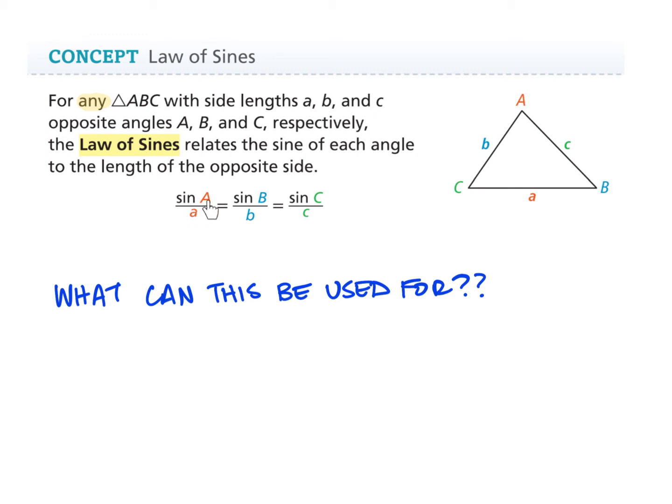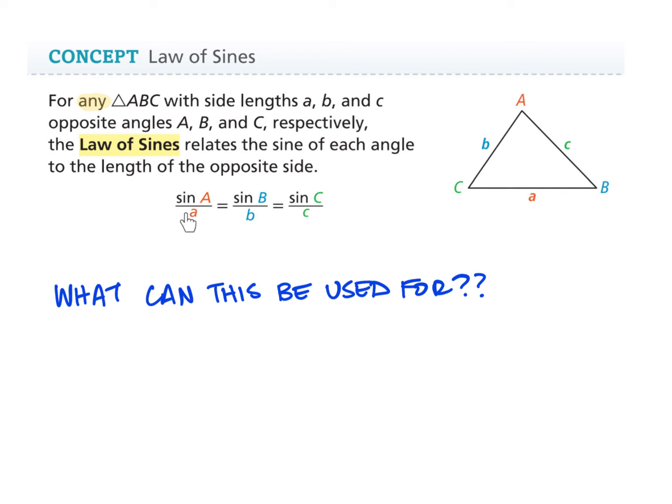So on the bottom of sine A is A, on the bottom of sine B is B, and on the bottom of sine C is C. So again, keep in mind that capital A, B, and C are the angle measures here. These lowercase letters are the length of the side that's across from that angle. So whatever angle A is here, maybe it's about 80 degrees, this value A is however long that side is, right?